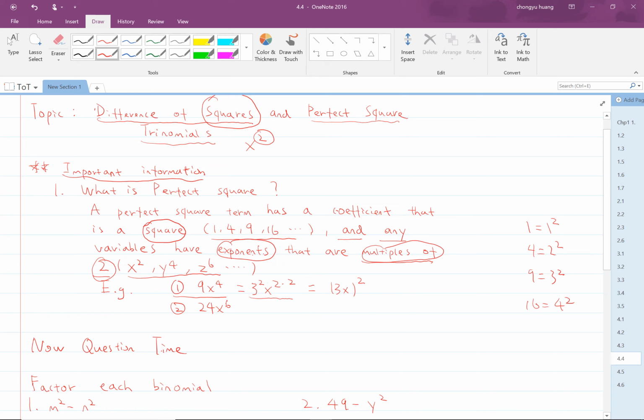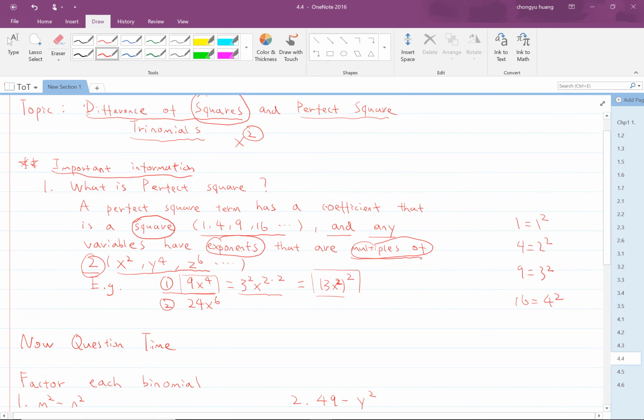So we can factor it: it becomes 3x bracket to the power 2. Sorry, I think I made a mistake. It should be 3x squared, bracket to the power 2. And you can see this is exactly the same as 9x to the power 4, right?